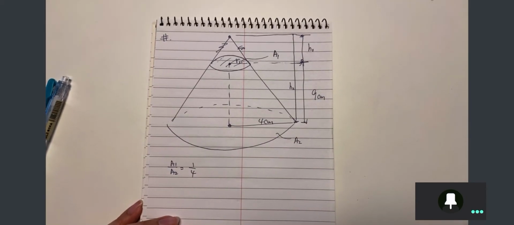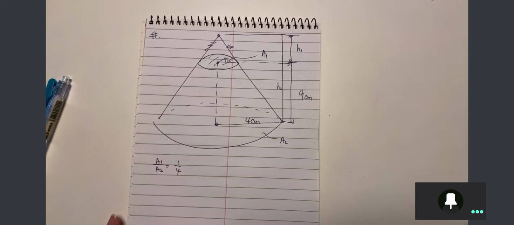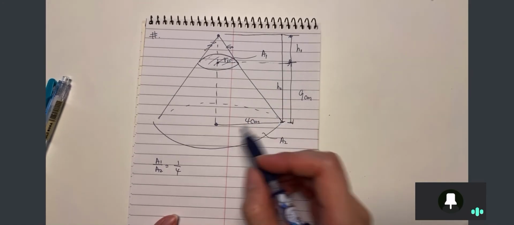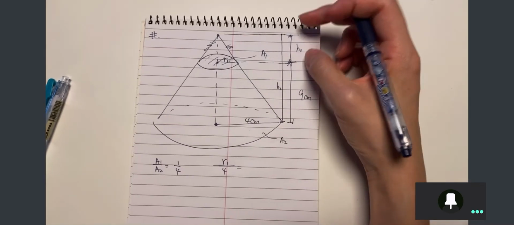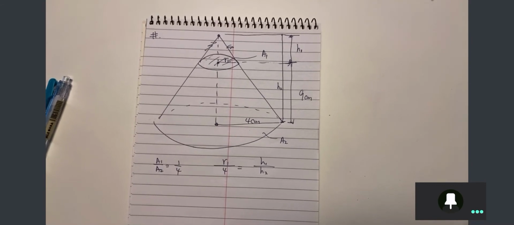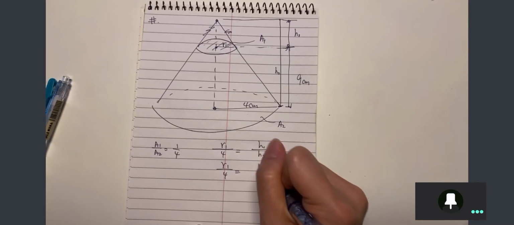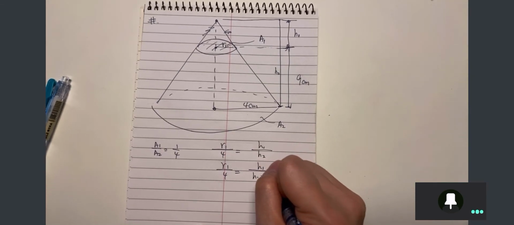By similar triangles you can find that R1 over 4 is H1 over H2, where H2 is H1 plus 9, right?